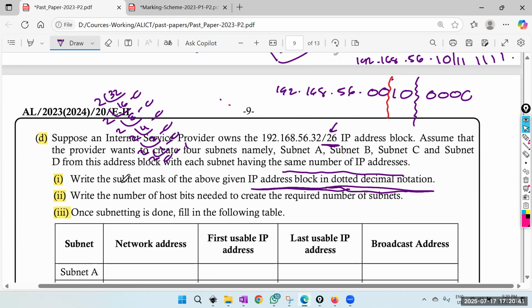Anyway, this question you can straight away write without looking at anything. That is easy marks. No subnetting, just write this in dotted decimal notation, right?